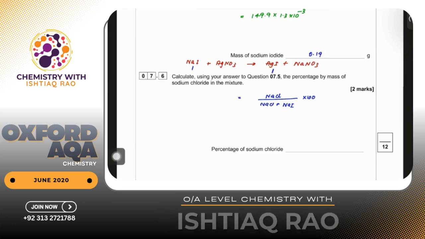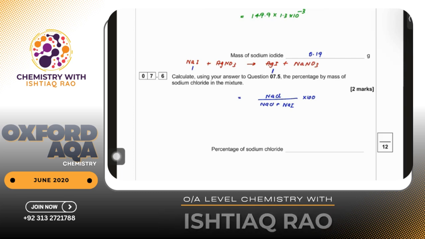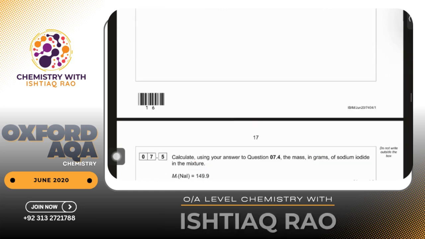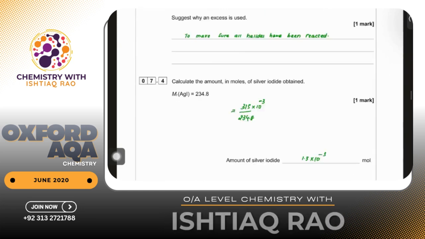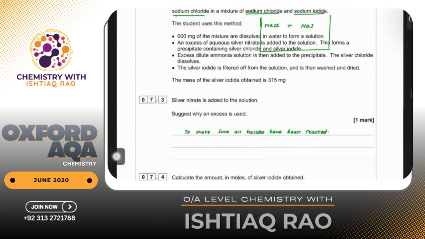So what was the mass that we found for NaCl? It was 1 point something, right? I think they've given that actually. 315 for silver iodide.